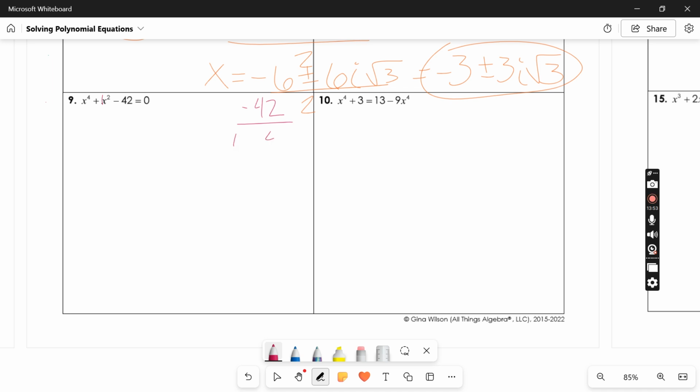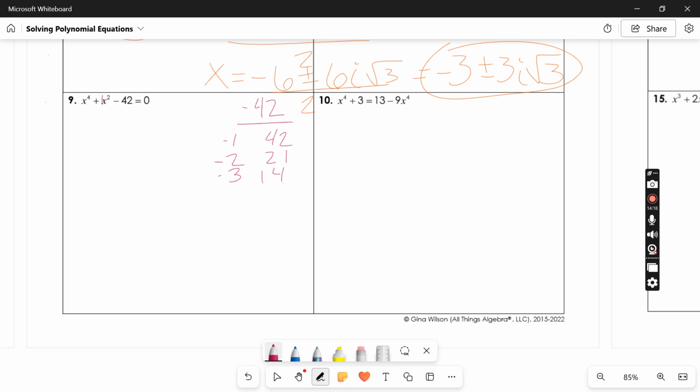Okay, so this would be 1 and 42, 2 and 21. And remember, if you know from your chart, this goes positive, negative, which is telling us that the bigger number is positive and the smaller one is negative. So negative 3 and 14.